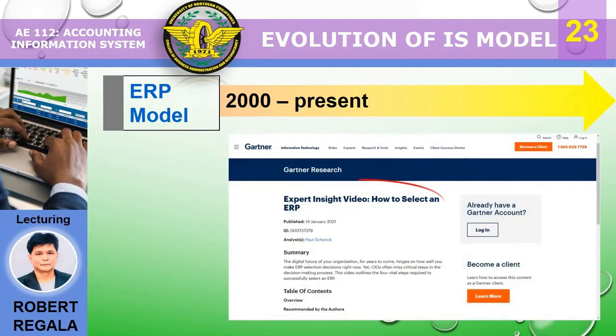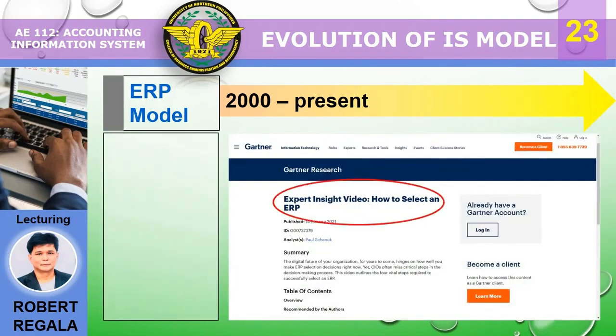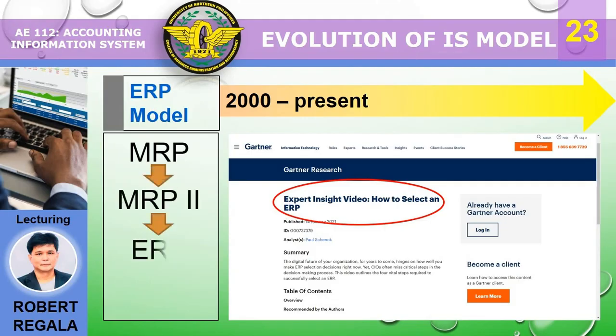Origin. The Gartner Group first used the acronym ERP in the 1990s to include the capabilities of Material Requirements Planning, MRP, and the later Manufacturing Resource Planning, MRP2, as well as Computer Integrated Manufacturing. Without replacing these terms, ERP came to represent a larger whole that reflected the evolution of application integration beyond manufacturing.